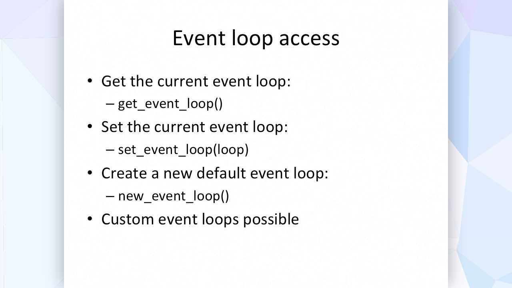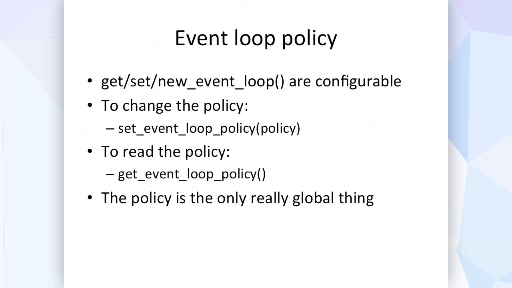So how do you actually get an event loop? How do you bootstrap this? Well, if you just run your main thread, the first time you call get event loop, if there isn't one, it will actually create one for you and use that and keep using that. On the other hand, once you call set event loop none, that feature is gone.